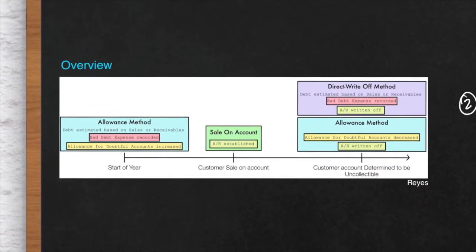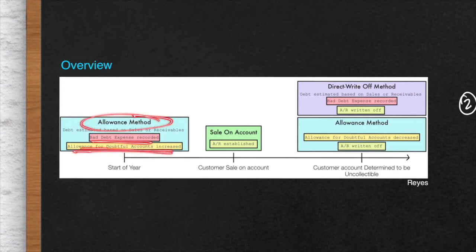I made a chart here to illustrate the differences between the two. At the bottom, there's a timeline, start of the year. There's a customer sale on account that happens where the accounts receivable is established. And if we're talking direct write-off, there's only 1 journal entry. It's a debit to bad debt expense and a credit to the AR to write it off. And if we're talking about the allowance method, there's 2 journal entries required.